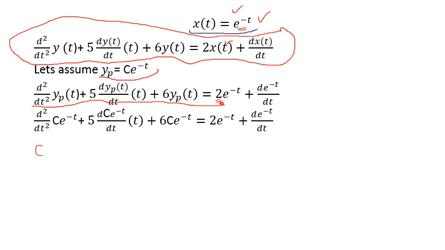so it will be equal to c e power minus t. You understand, if you take the derivative of this, the power is minus t, so with the minus 1 you take, it will be minus c e power minus t.